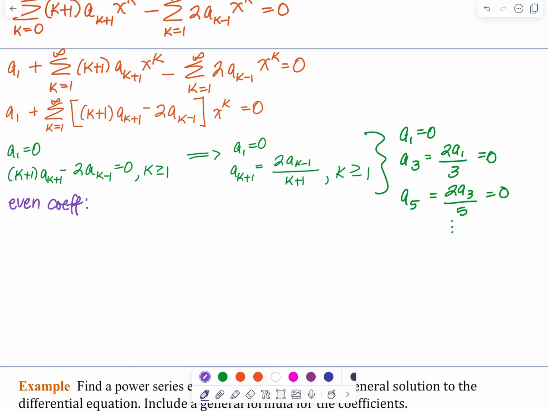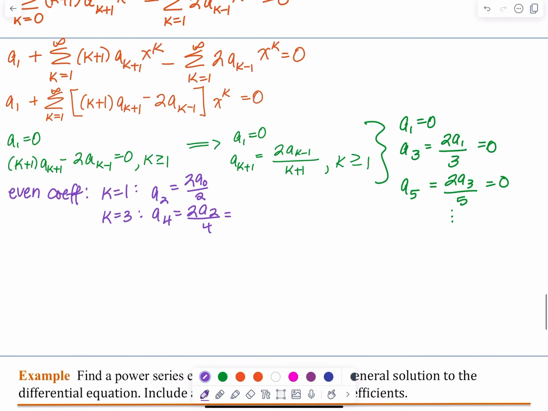that for k equal to 1, we have a sub 2 is equal to 2a naught over 2. And when k is equal to 3, we have a sub 4 is equal to 2a sub 2 over 4. Substituting in a sub 2 and reducing, we have 2 squared a naught divided by 2 times 4.